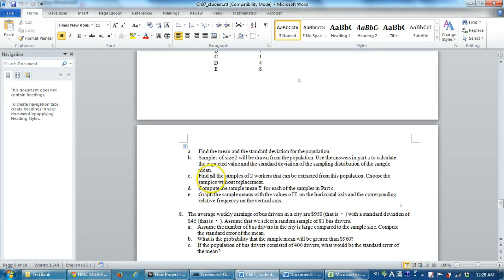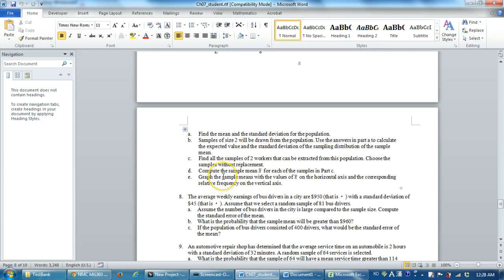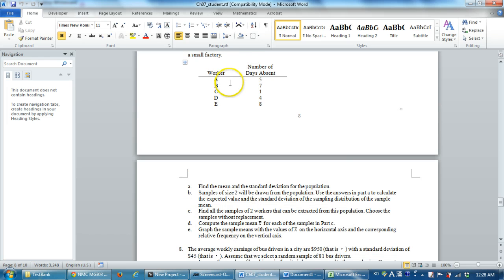Actually, before we move to another question, question number C, find all the samples of 2 workers that can be extracted from this population, and then it will be likely AB, AC, AD, AE, BC, BD, BE, CD, CE, and DE.